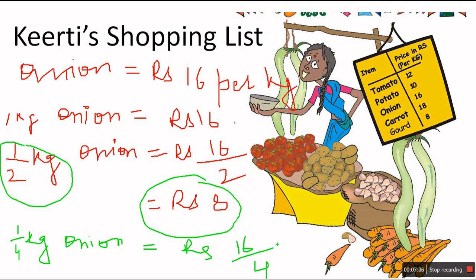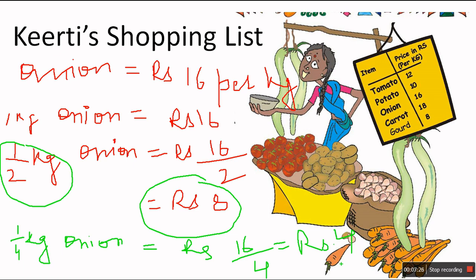Quarter means divide by 4. So 16 divided by 4 is 4. So quarter kg will cost 4 rupees. With these two examples, we have seen that when quantity increases, price increases, and when quantity decreases, price decreases.